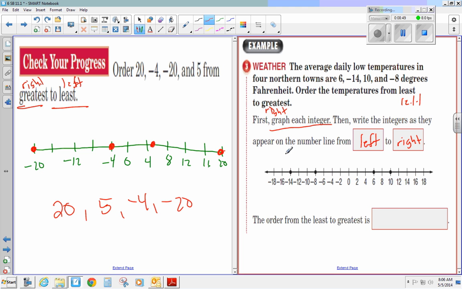So now we're starting from the left and going that way. Negative 14, negative 8, 6, and 10. That's ordering from least to greatest.